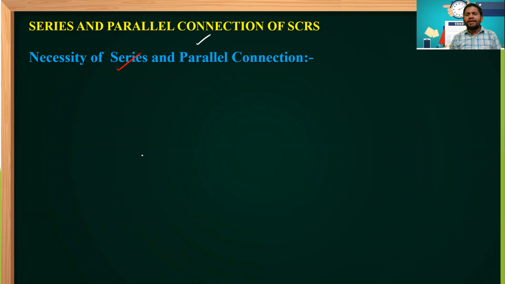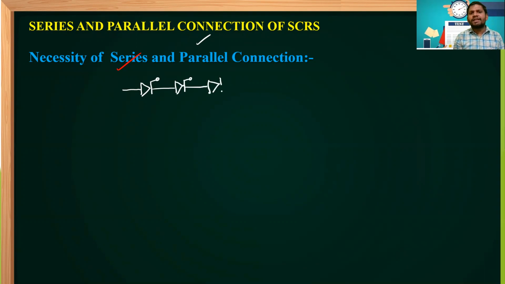But the point to remember here: whatever the connection may be, students, series or parallel, SCRs connected in a string must be fully utilized. A string means, for example, let us assume that some number of SCRs are connected in series.